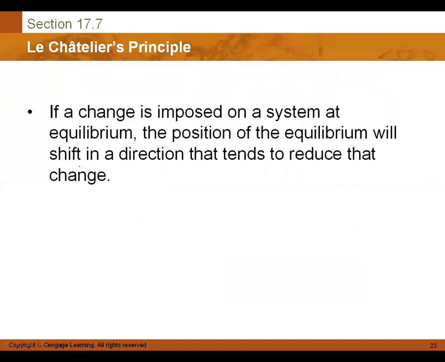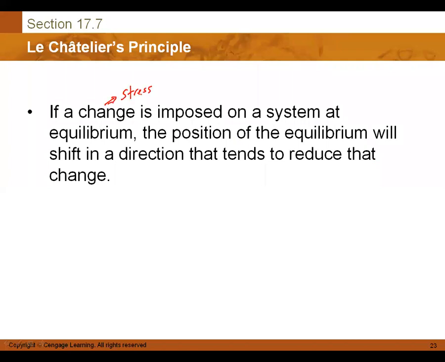Okay, so what we're going to talk about now is what's known as Le Chatelier's principle. Le Chatelier's principle is basically what happens when some type of change occurs to a system that's at equilibrium. A change, or sometimes they're referred to as a stress.